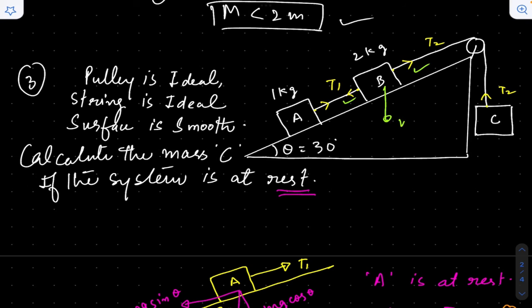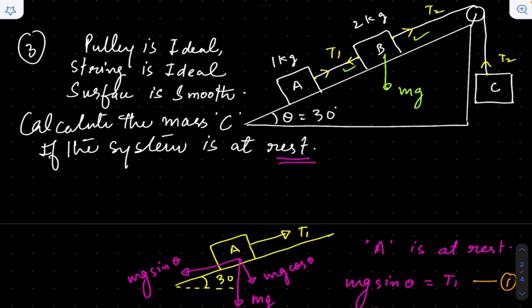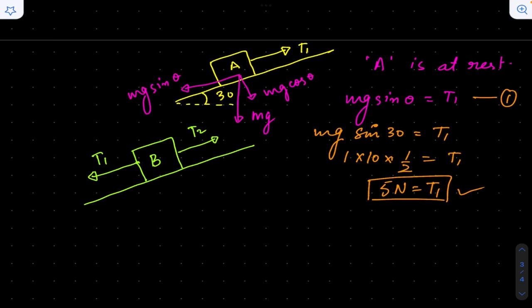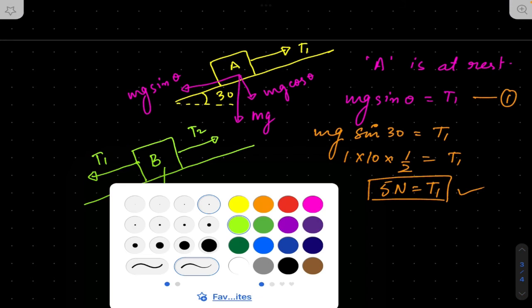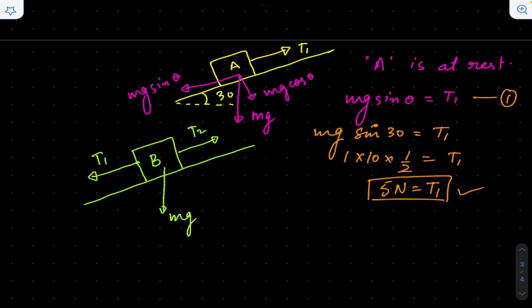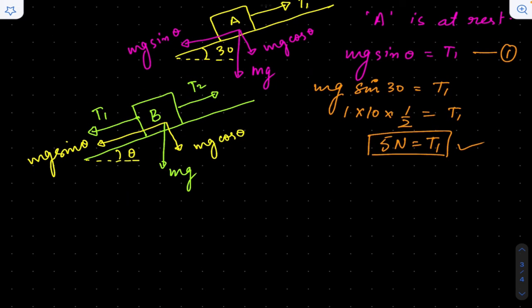Again the gravitational force mg is acting on the block in this way. So we can resolve the components: along the plane it is mg sin theta, and perpendicular to the plane it is mg cos theta.